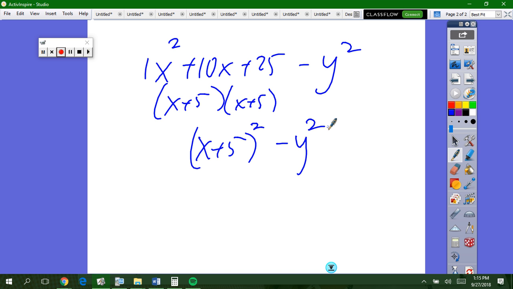And this is something squared. You guys remember that? If you don't, I'm going to show you. This is like one of those ones I do a little u substitution on. Where I'd say, oh, u is x plus 5. So I'd have u squared minus y squared. What are the factors of 1 times 1? What are the factors of 1 that give me the 0? 1 and 1, right?